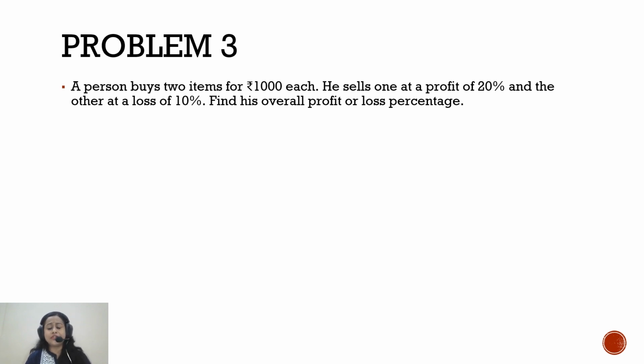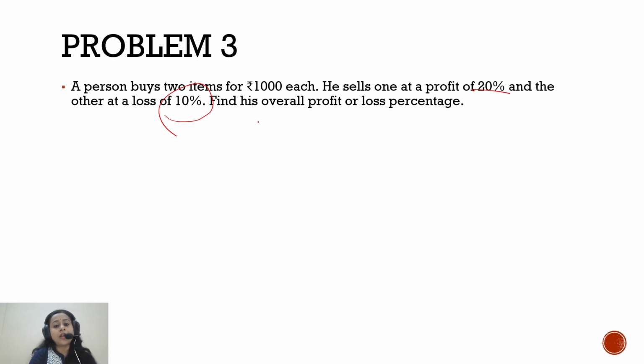Suppose he sells the first product at 20% profit and he sells the second product at 10% loss. So for the second product, it is 10% loss. We have to find the overall profit or loss percentage, right?